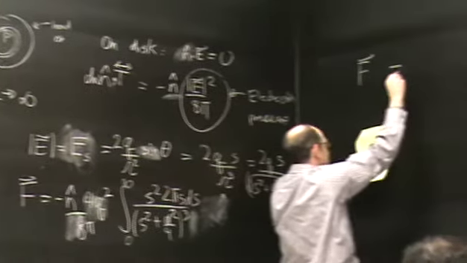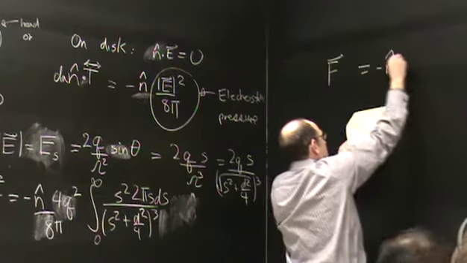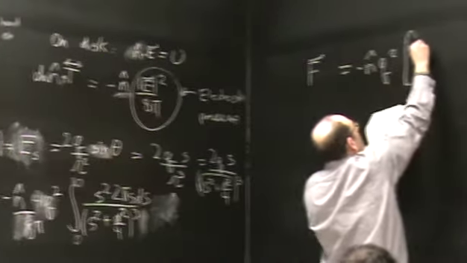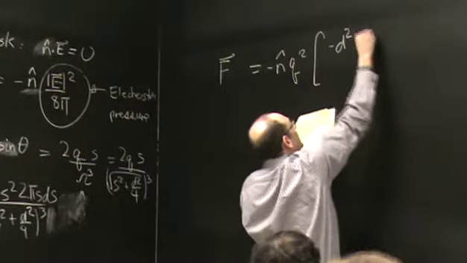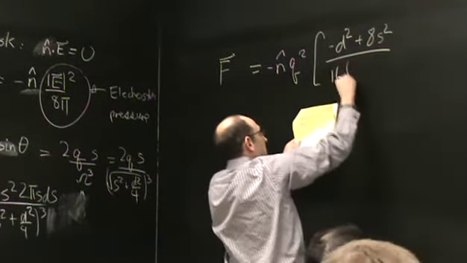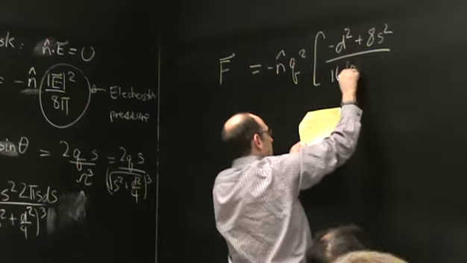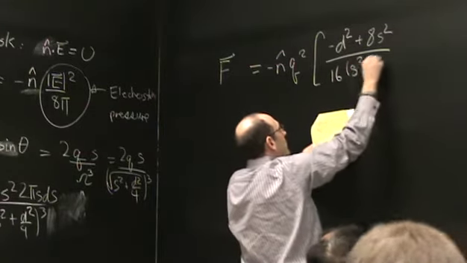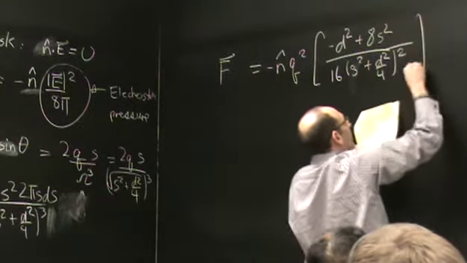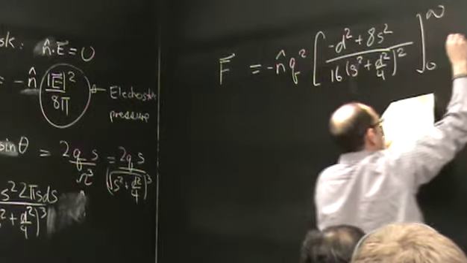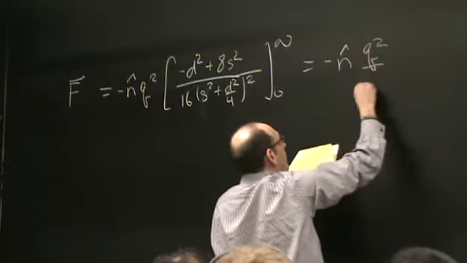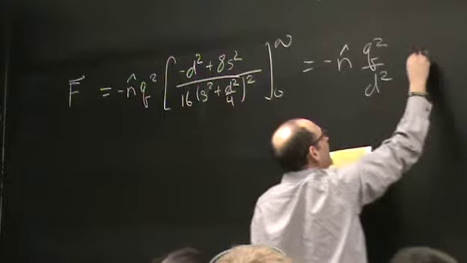F equals minus n hat q squared times the integral from 0 to infinity of (minus d squared plus 8s squared) over (16 s squared plus d squared over 4) squared, which equals minus n hat q squared over d squared. Yay.